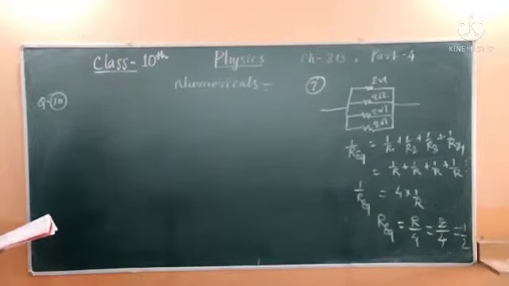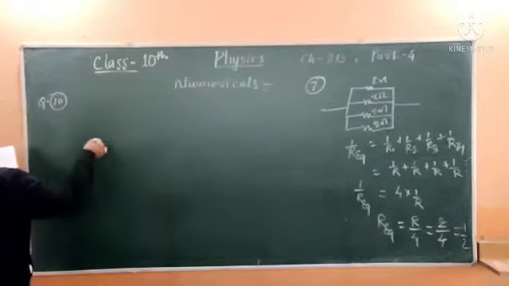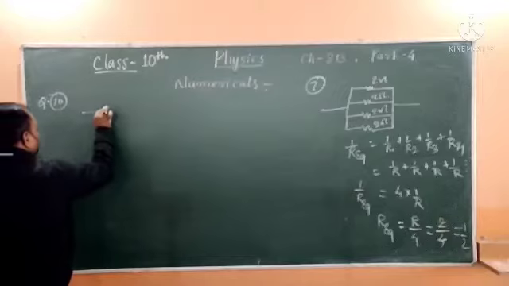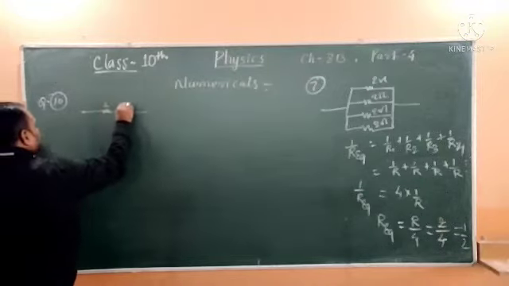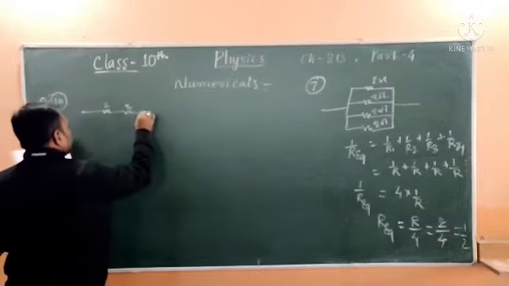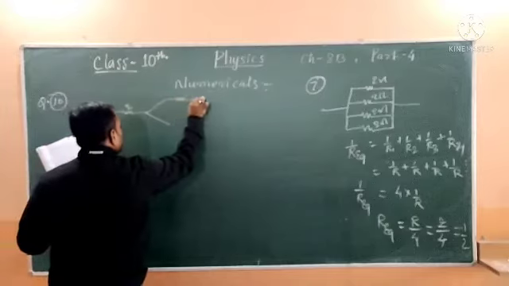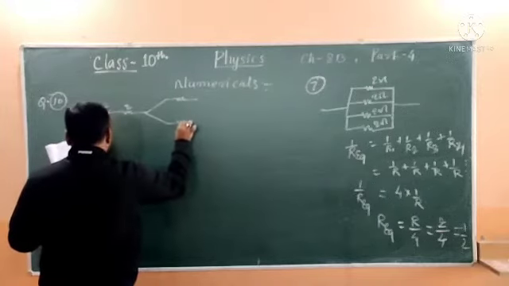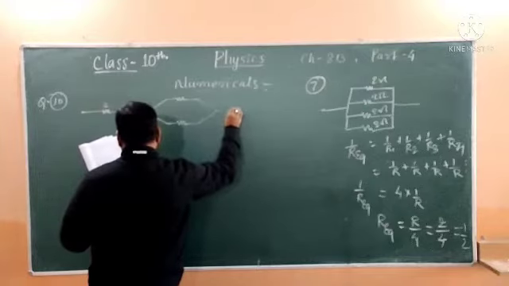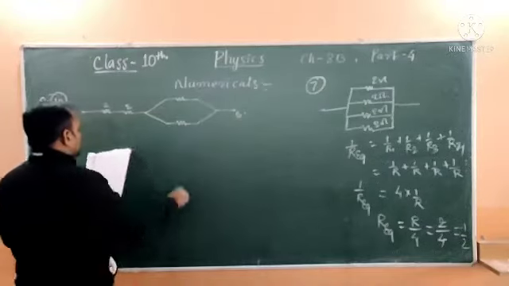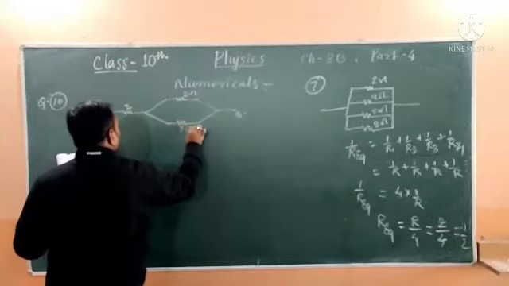Calculate the equivalent resistance between the points A and B. There are points A and B as given in the diagram. There are two resistors of 2 ohm each, and that is also 2 ohm and 2 ohm.